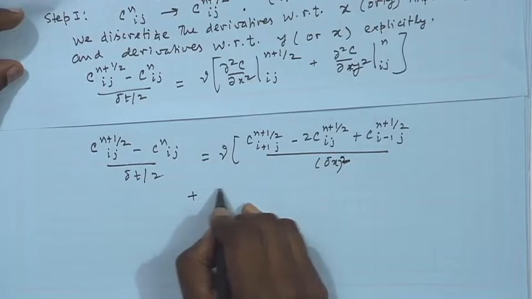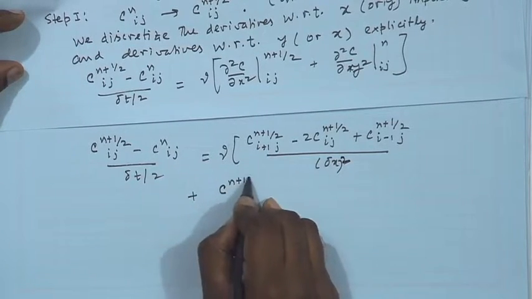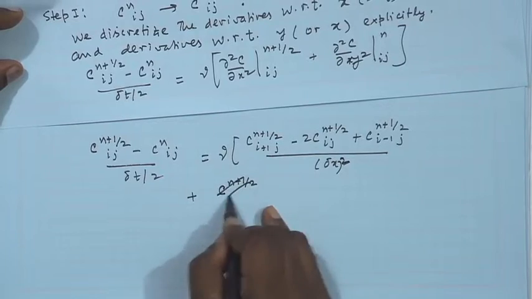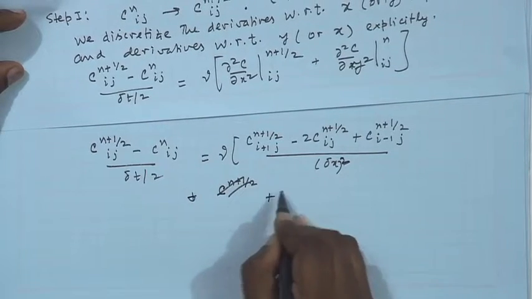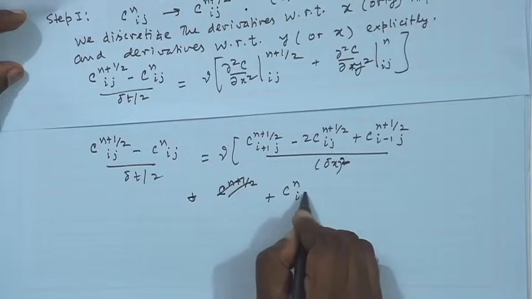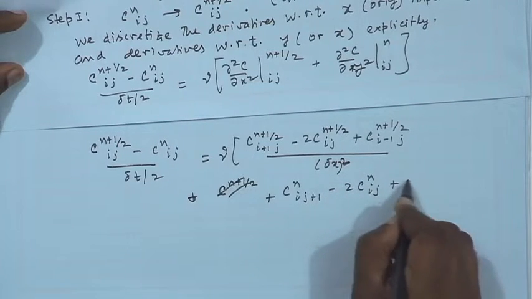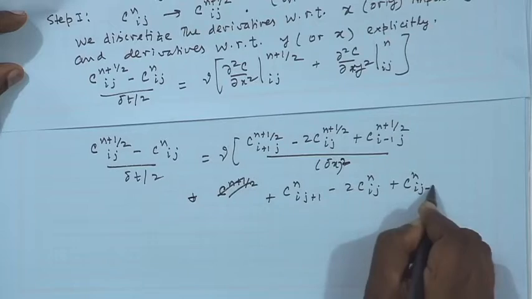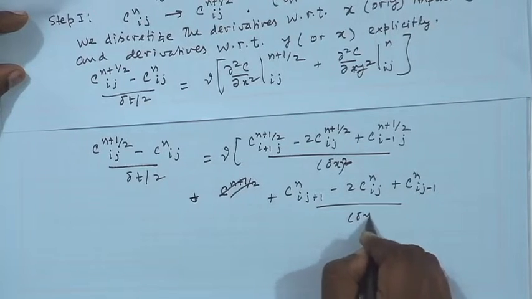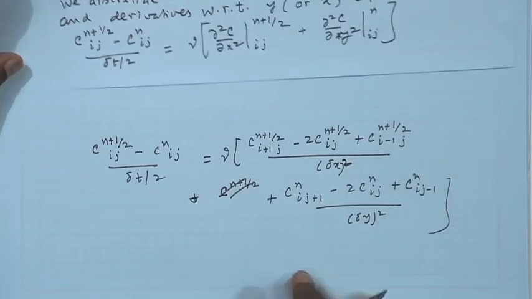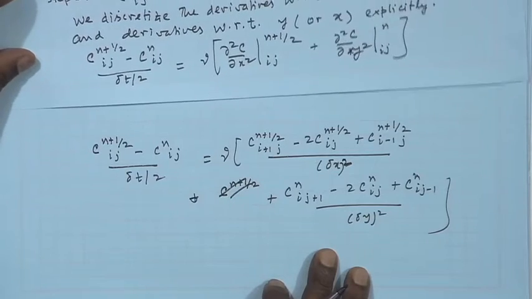plus C^n, sorry, this is explicit. So, C^n_{i,j+1} minus 2 C^n_{ij} plus C^n_{i,j-1} by Δy whole square, because this is in an implicit fashion. Okay.